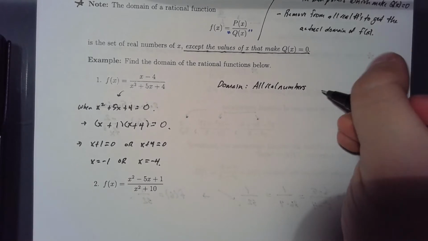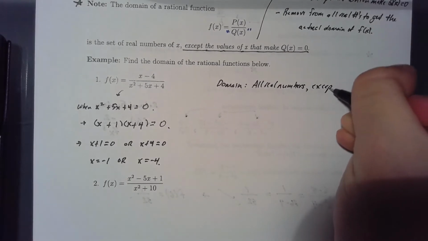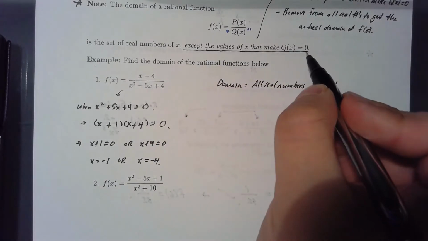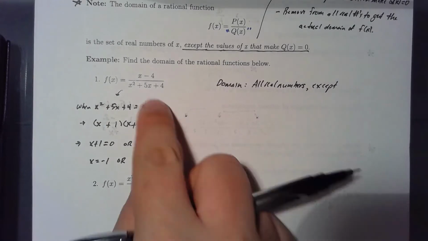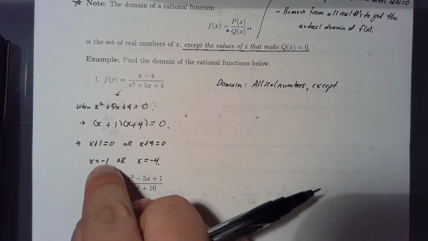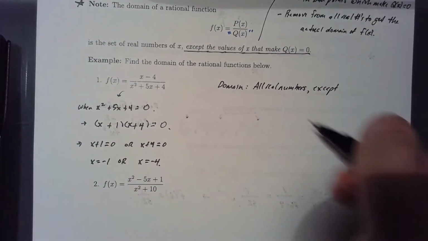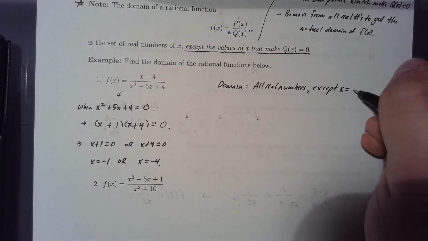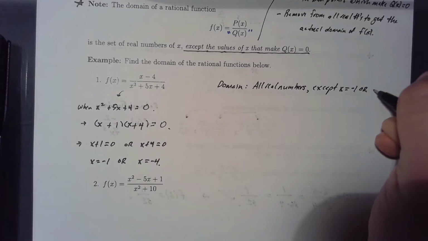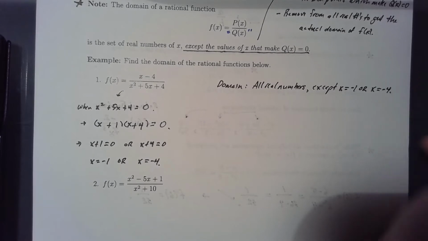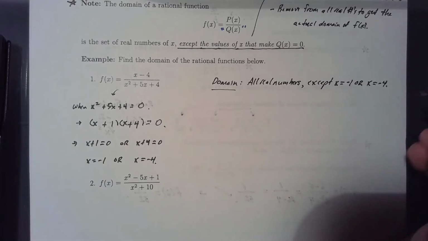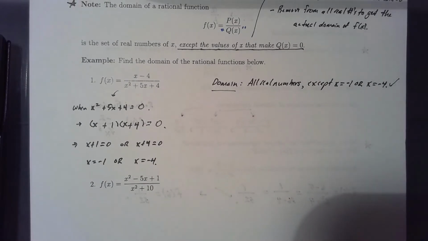All real numbers except the values of x that make q of x equal to 0. Well, which values of x make this equal to 0? We just solved it. Negative 1 and negative 4. So all real numbers except x equals negative 1 or x equals negative 4. That right there is the domain of this function in words.